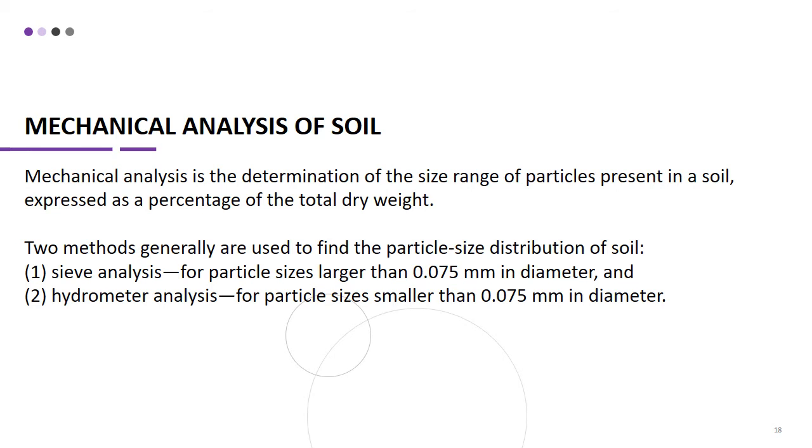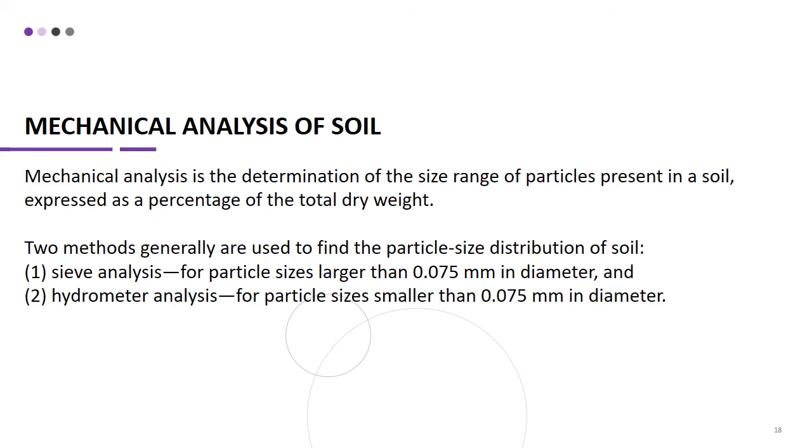Generally, there are two methods used to find the particle size distribution of soil. The most common for the testing laboratories here in the city is the sieve analysis. We will use sieve analysis for particle sizes larger than 0.075 millimeters in diameter, and if the particle sizes are smaller, or mas pino, than 0.075 millimeters in diameter, we will use hydrometer analysis for mechanical analysis of soil.